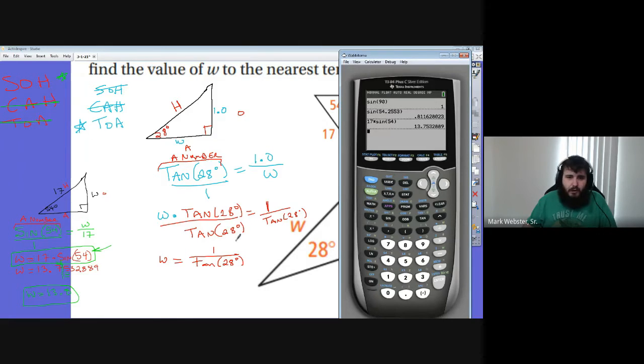I wrote out all my work here so I know if I did it right. 1 divided by tangent of 28 degrees. That's not what I wanted to happen just now. Let's try that again. 1 divided by tangent of 28 degrees. Close parentheses. And look what I get. I get that number, 1.8807264665. That is my answer.